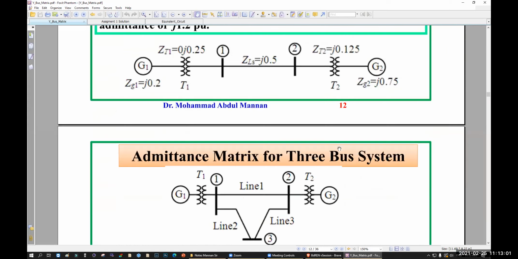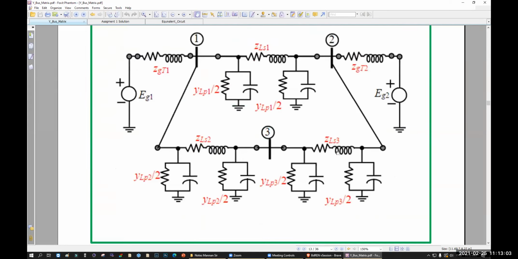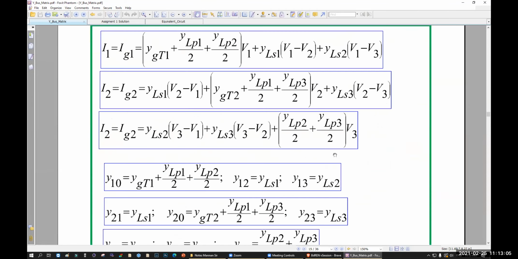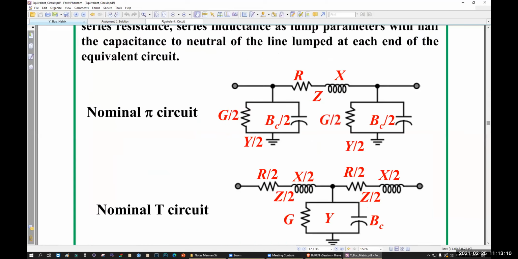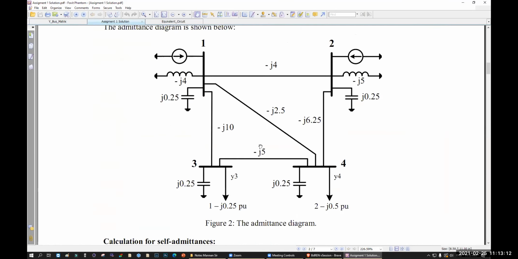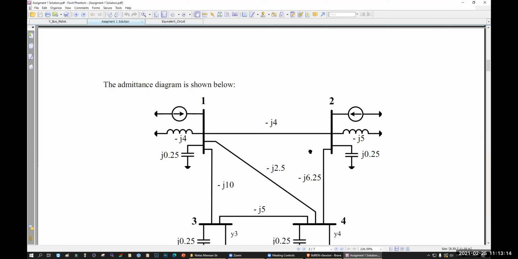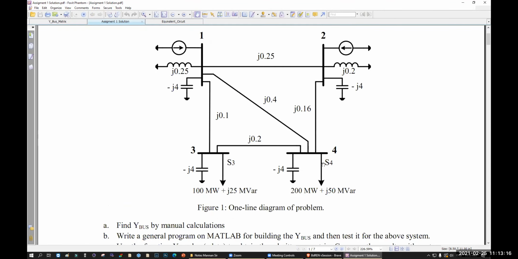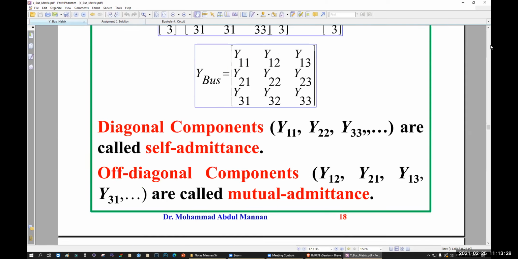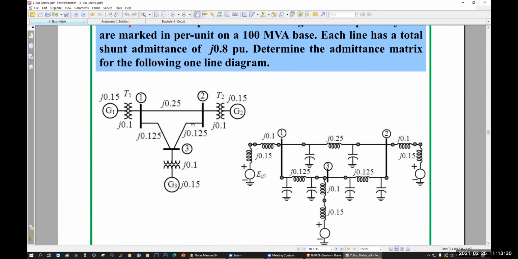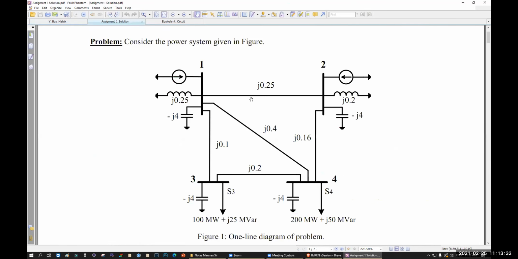Understood? Now let's do a problem that is difficult, that is big. Oh no, let's do this. At first, let's do this. So this is the end of today's class. I'm going to show you the problem, then we will finish this class, and you can read by yourself what these are.